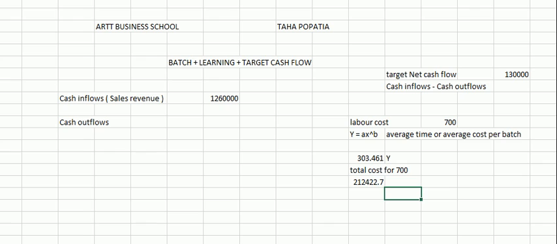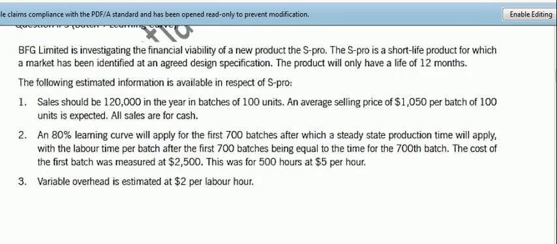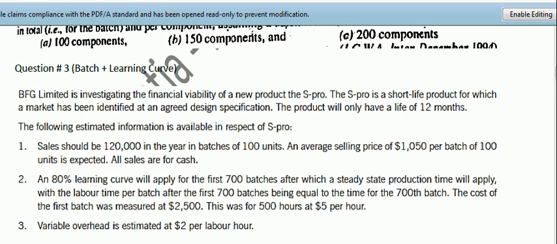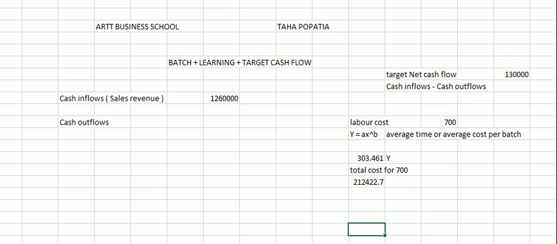Now to compute the cost of 699 batches, since the question says that all batches after 700 batches will take the same time as the 700th batch, we know the principles of learning curve. To compute the time or cost for the 700th batch, we have to calculate the cost of 700 batches, which is this much. Now we will calculate the cost of 699 batches and net them off to get the cost of the 700th batch.